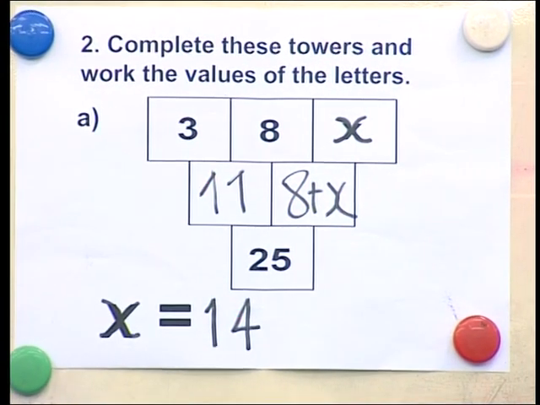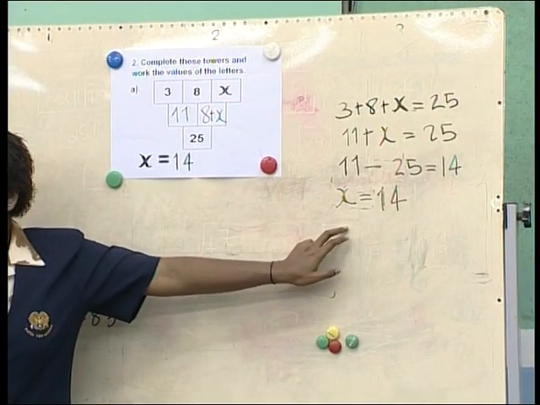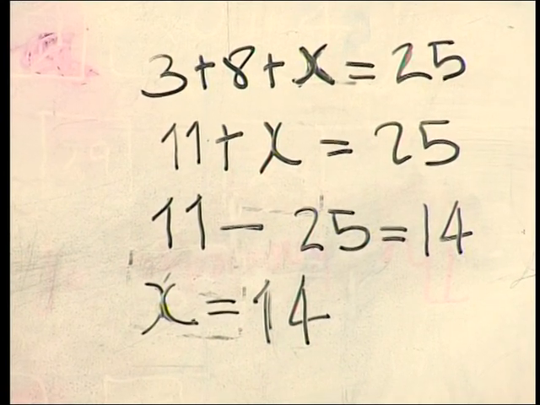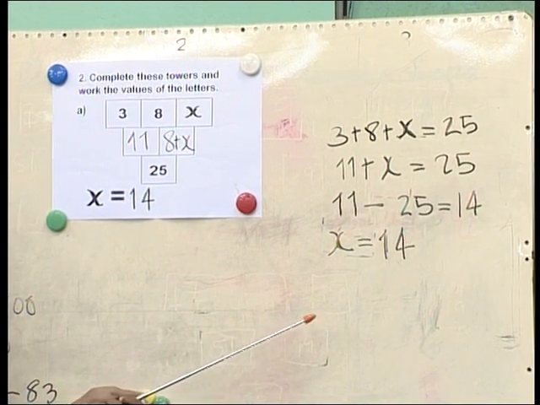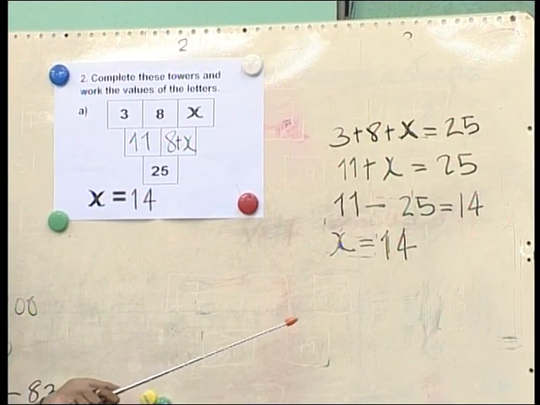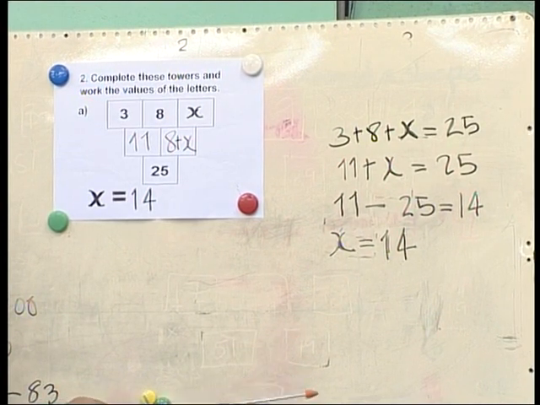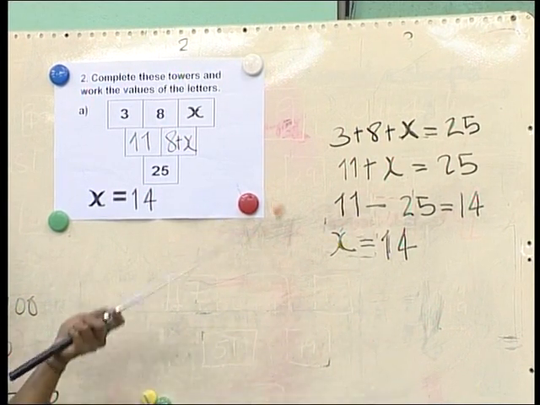Who's got a different answer? Okay, anyone who would like to make a correction here? Okay, remember, when you get your answer, you must always go back and confirm, cross-check.